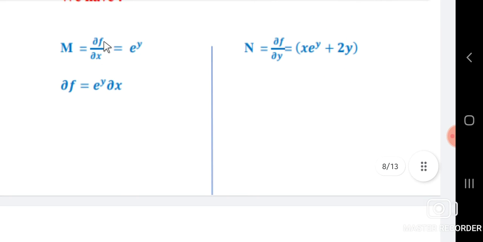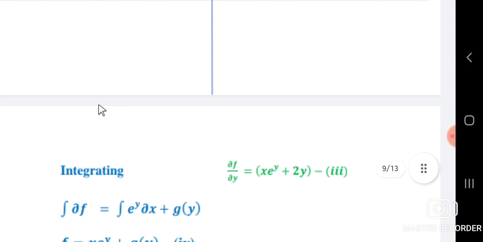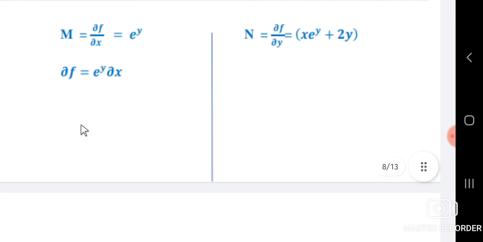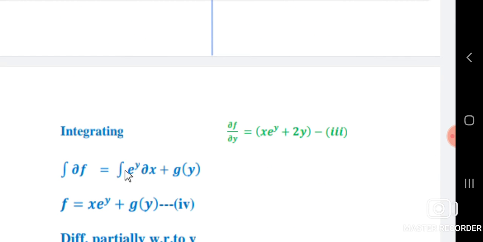Since M is equal to dou f by dou x equal to e power y, I take the last two terms and cross multiplying it, the dou x goes to the right hand side. So dou f is equal to e power y dou x. So integrating this, integration of dou f is equal to integration of e power y dou x plus, instead of putting constant c, we are writing a function g of y, because we are integrating the partial derivative.